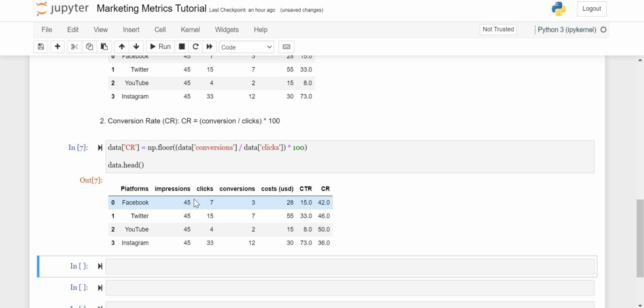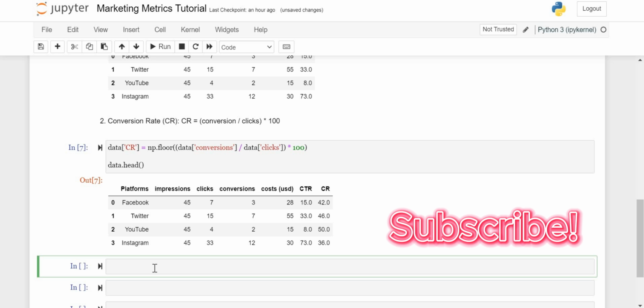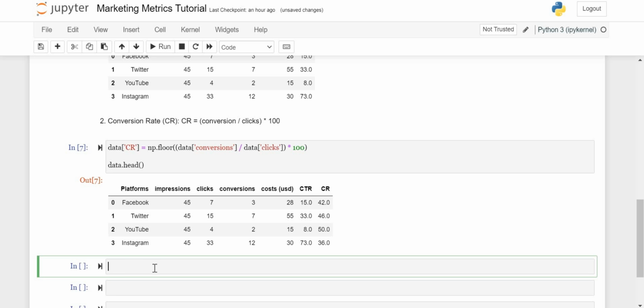So the third metric that we'll be talking about right now is what we refer to as cost per conversion. How much you're actually paying for each email or sign up that you actually obtain from your marketing campaign.